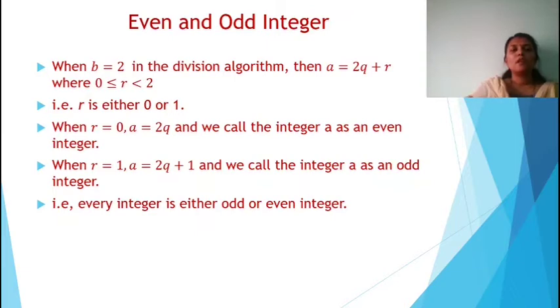So if it is a multiple of 2, we call the integer an even integer, and if it is represented as 2q plus 1, then the integer is called an odd integer. So every integer is either an even or an odd integer.